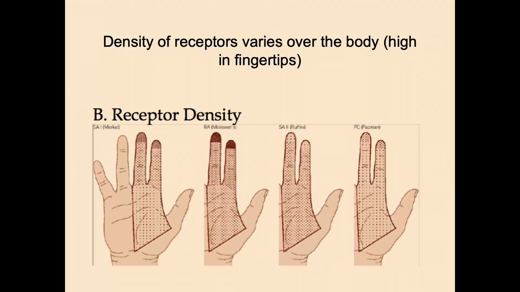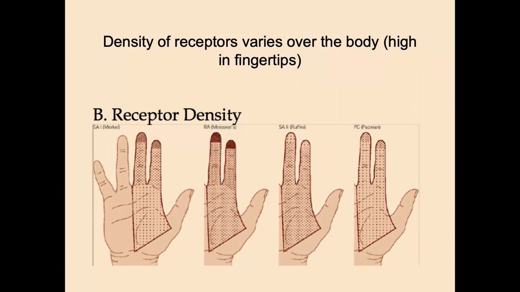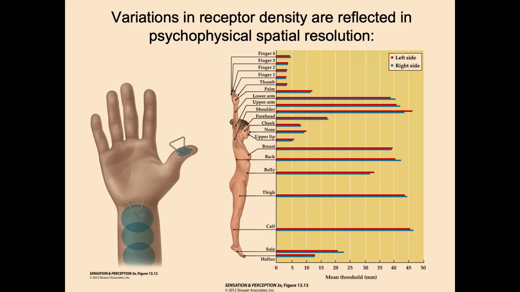Okay, so now is the time for an experiment. I mentioned to you that there is variation in the density of receptors over the body, right? We saw some examples of this in the fingertips. But there's variation across the entire body, and this causes very large variations in the acuity of your touch perception.